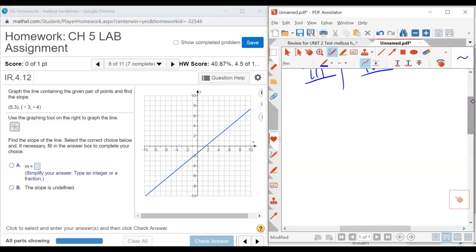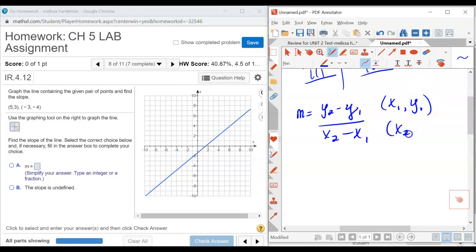Okay, the formula for the slope is m is equal to y2 minus y1 over x2 minus x1. And the x2, x1, y2, y1 comes from an ordered pair. So let's say we have an ordered pair x sub 1, y sub 1, and another ordered pair x sub 2, y sub 2.